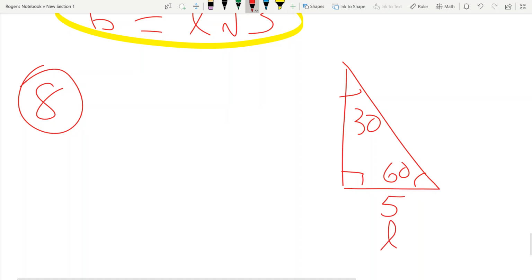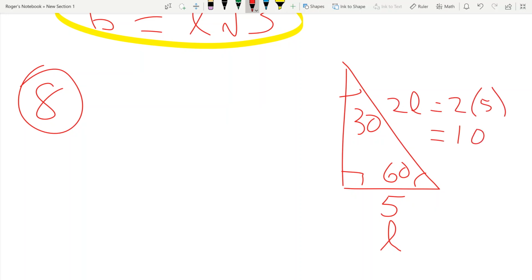Well, if this is L, okay, then this side over here is 2L, which is equal to 2 times 5, or just 10. And this side over here must be equal to 5 times the square root of 3. 5 square roots of 3. So notice 5, 10, 5 square root of 3. Simple enough. Once you know the rule for the special right triangle, it becomes very easy to solve that.